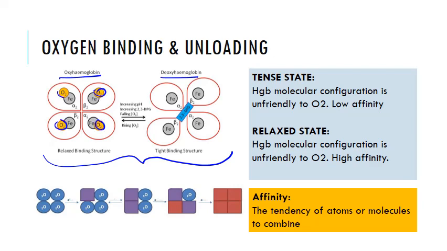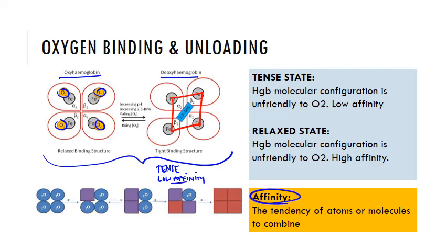In its deoxygenated state, the bonds between the globin units are tight, and I'll use red for this. Because of these bonds, the molecule overall is very unfriendly to oxygen molecules that are interested in bonding. This configuration we call a tense state, and we say that there is low affinity.